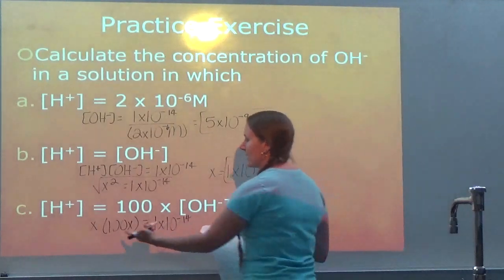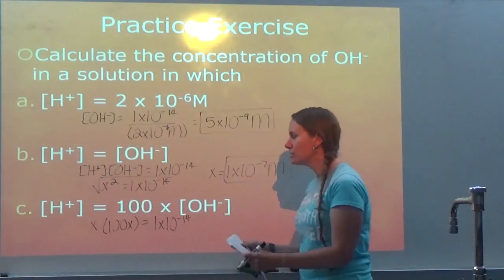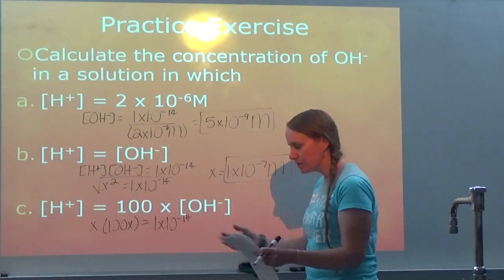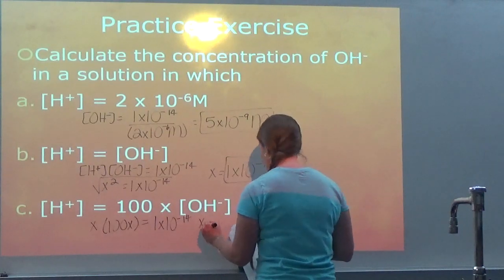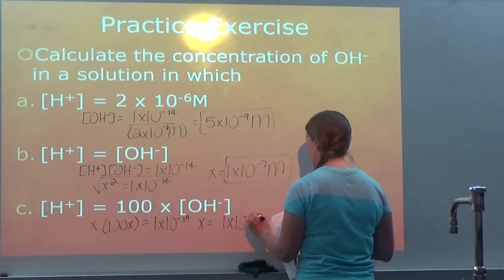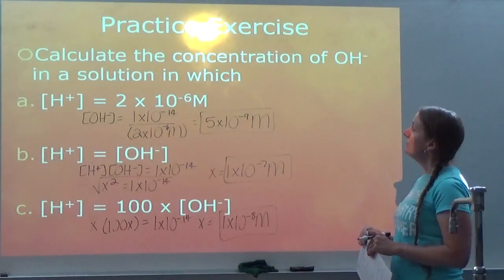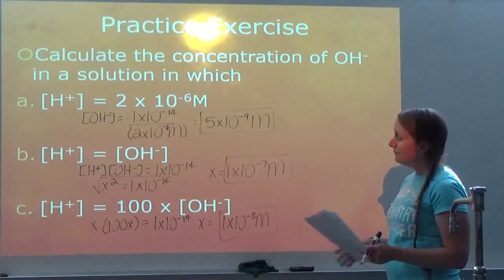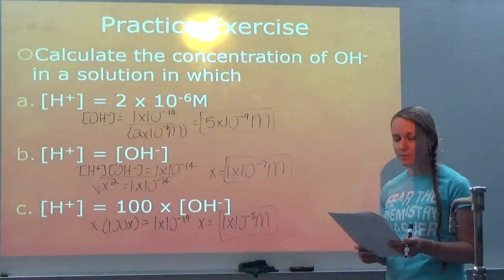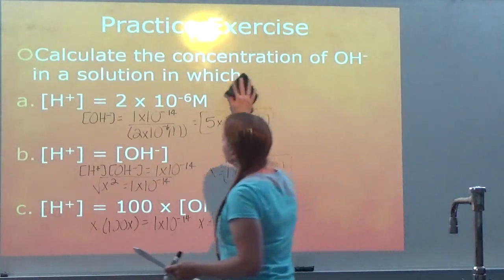So in other words, that ended up being 100x squared, so I divided this side by 100 and square rooted it. And so I ended up getting that x is 1 times 10 to the negative 8. And don't forget that unit, molarity. Alright, so hopefully that one wasn't too bad. So let's move on.